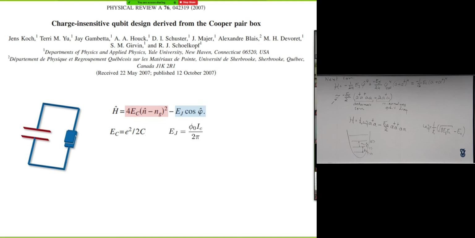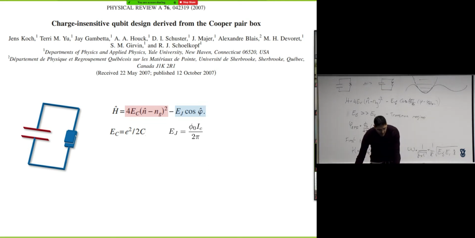Okay, so what I want to pull up quickly is the paper describing what is going on here. It is very thorough. Like I said, I didn't go into all the thoroughness. There's a lot of physics to go. The part which I omitted and alluded to, the charge insensitivity, is described here.